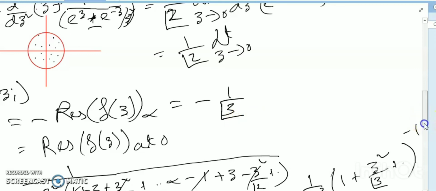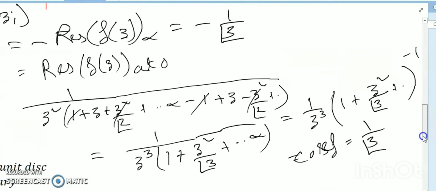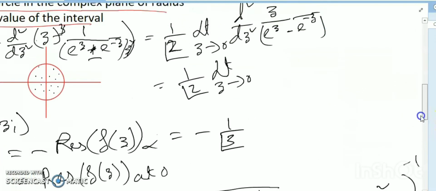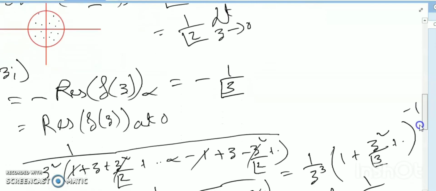One minute, another factor I have to check. Residue at infinity, z square and z square.